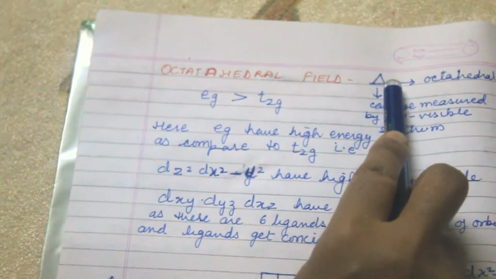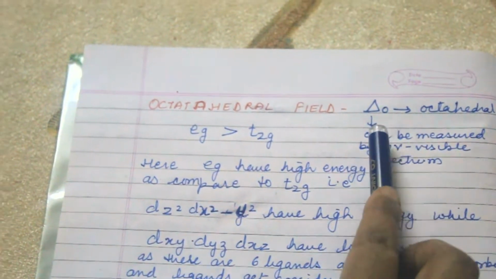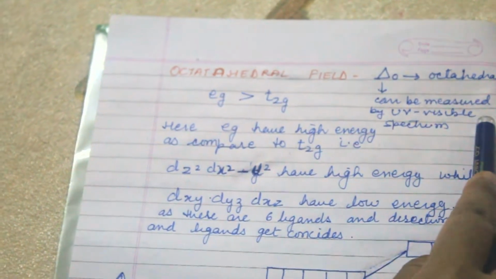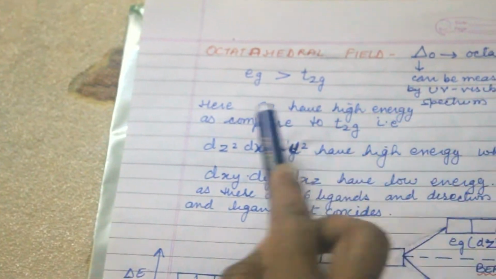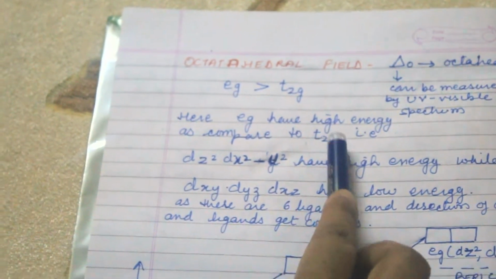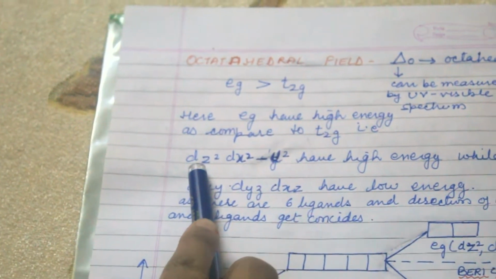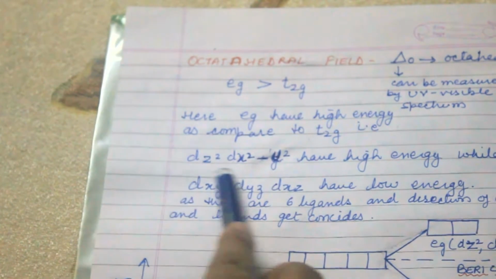This delta O represents octahedral splitting; O is for octahedral. It can be measured by the ultraviolet visible spectrum. Here Eg has high energy compared to T2g.